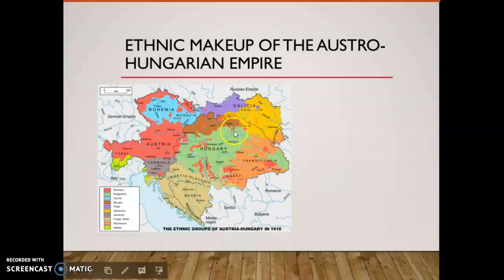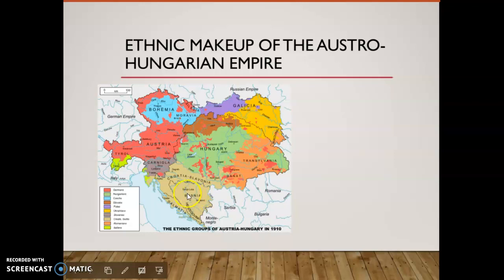So when we look at the Austro-Hungarian Empire, one of the things I wanted you to notice was the various ethnicities, because one of the reasons that the Serbians gave for wanting to take over Bosnia was that ethnically they were the same people.